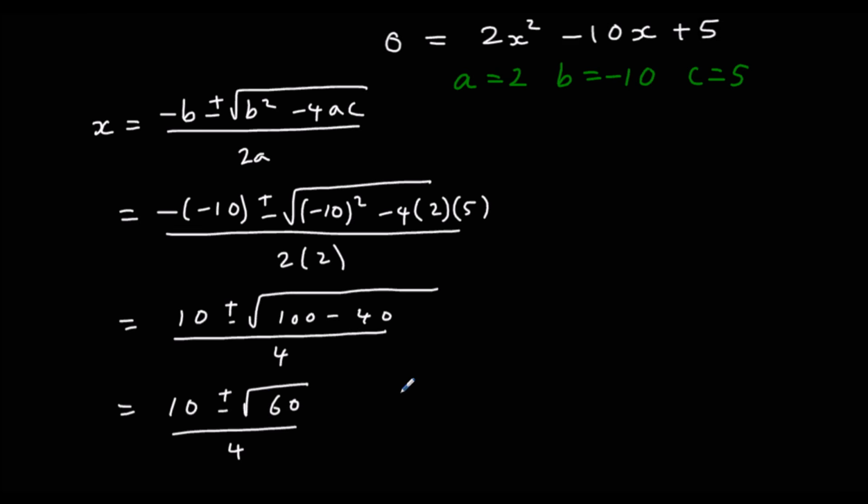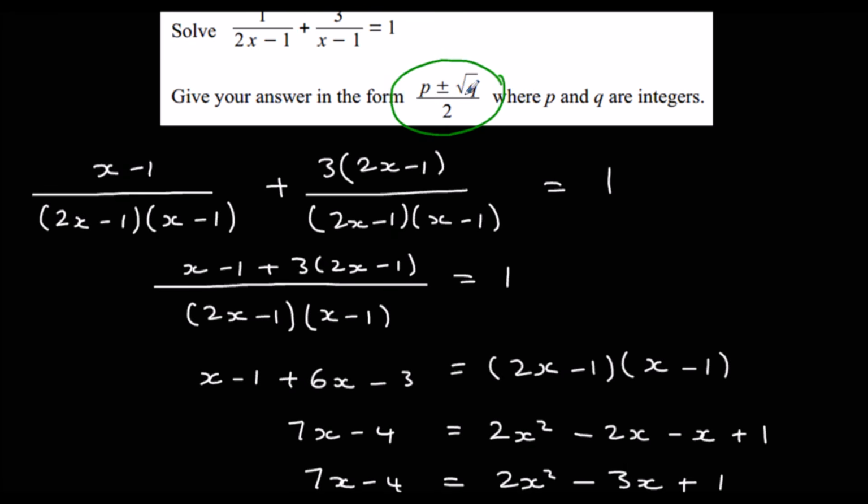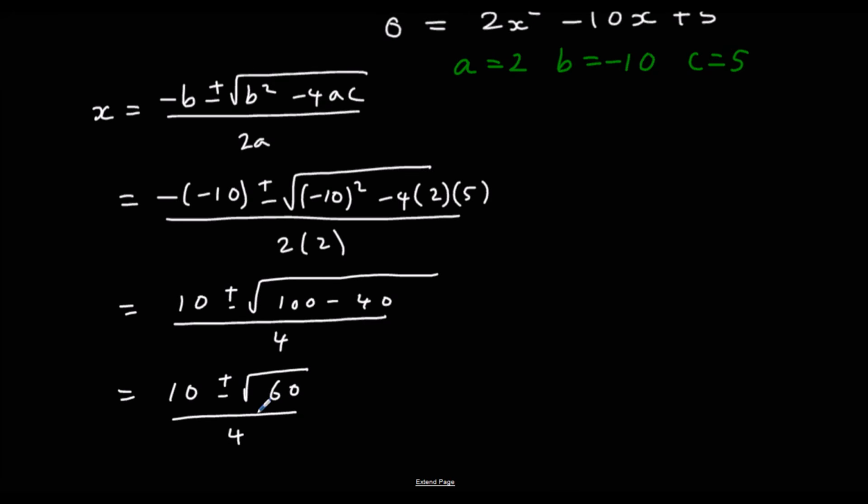I need to simplify this further because it needs to be over 2. So square root 60 has to have a square number inside it, and it's got a 4 inside it.